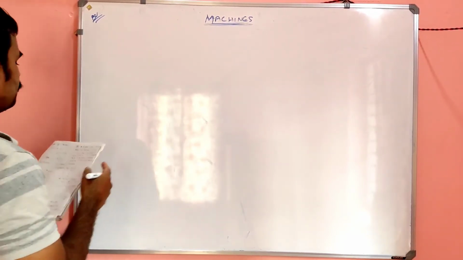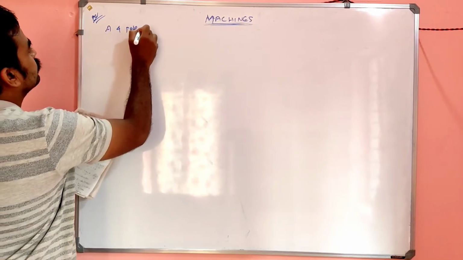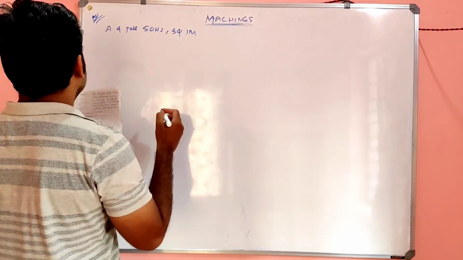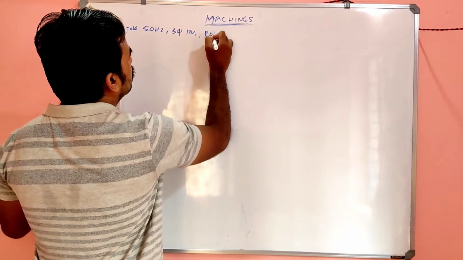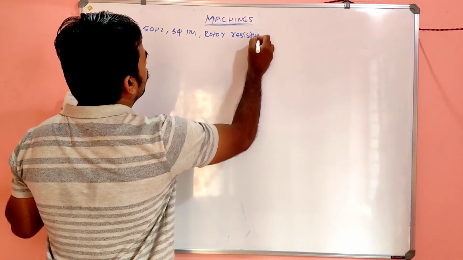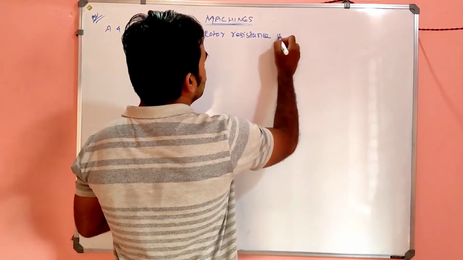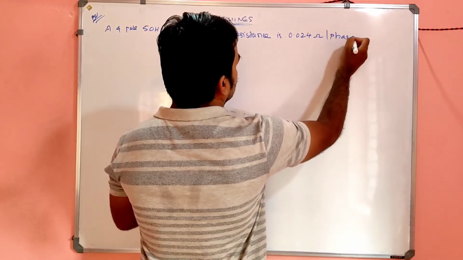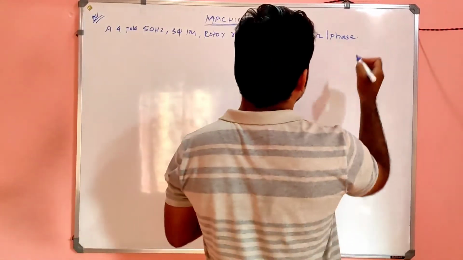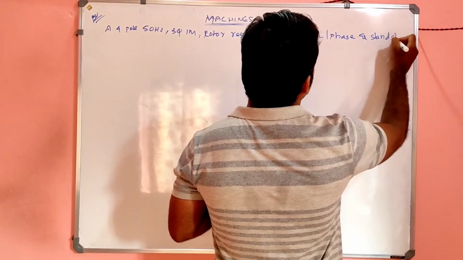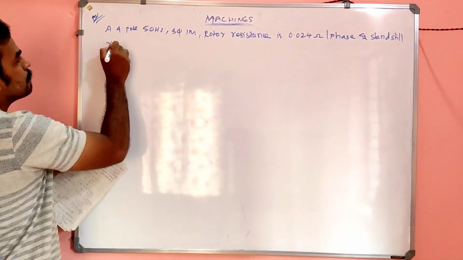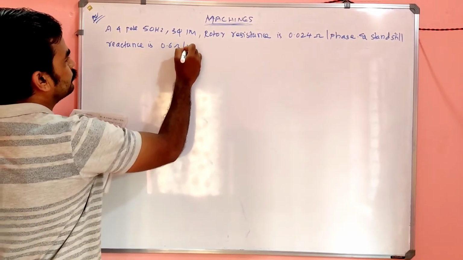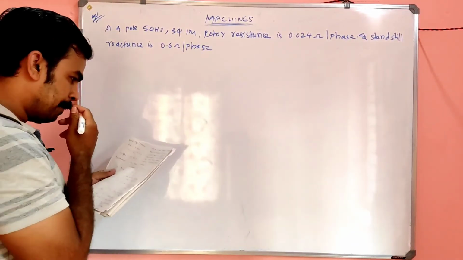Okay, next question. A 4-pole, 50 hertz, 3-phase induction motor has rotor resistance of 0.024 ohm per phase and standstill reactance of 0.6 ohm per phase.